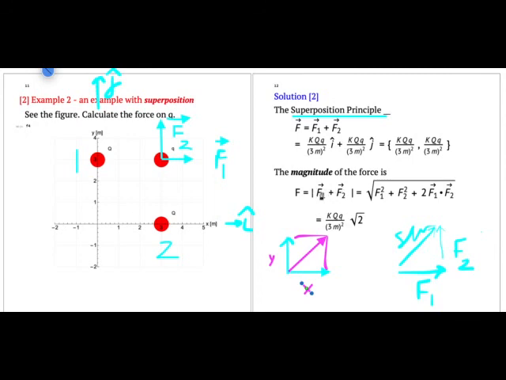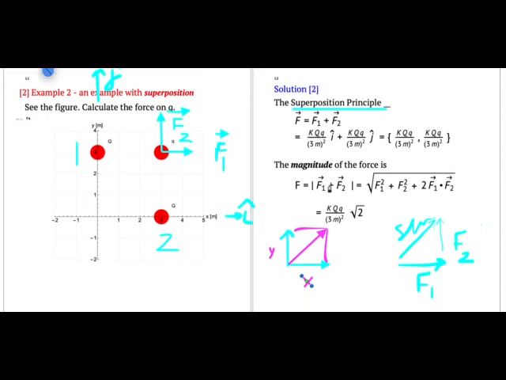Using a little bit of high school algebra, that's F1 squared plus F2 squared plus 2 times F1 times F2. When I say F1 times F2 for vectors, I mean the dot product, F1 dot F2. So I could say this is the square root of F1 squared plus F2 squared plus 2 F1 dot F2. But F1 and F2 are perpendicular. So F1 dot F2 is in fact 0.